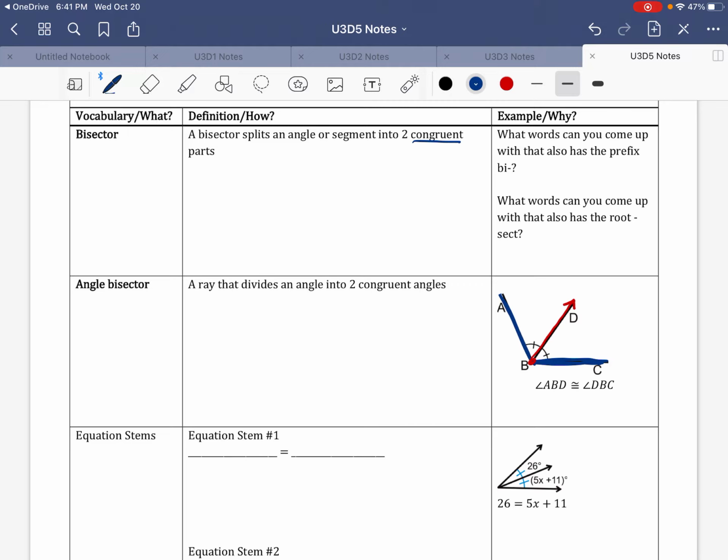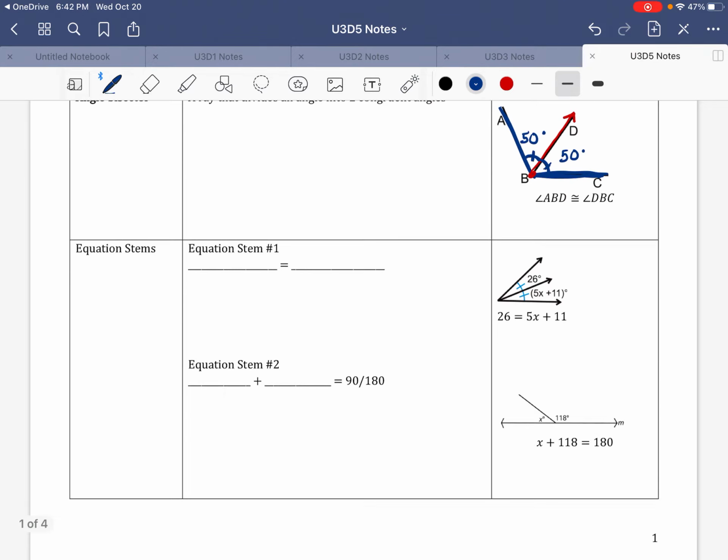A bisector is going to cut our angle into two equal parts. So we know that angle ABD is congruent, or the same as, angle DBC. So if I told you that this angle here was 50 degrees, then I know that this angle would also be 50 degrees. They would be equal or congruent.